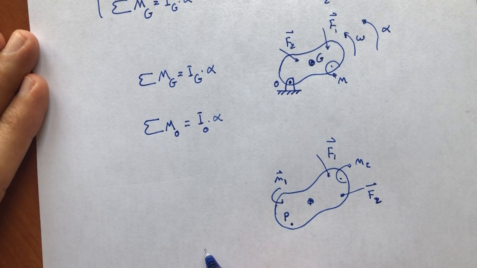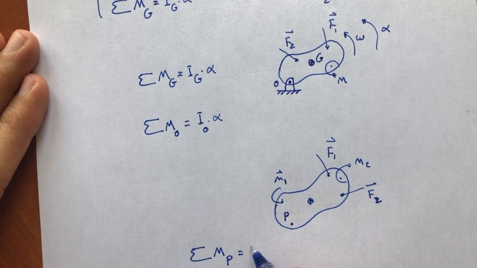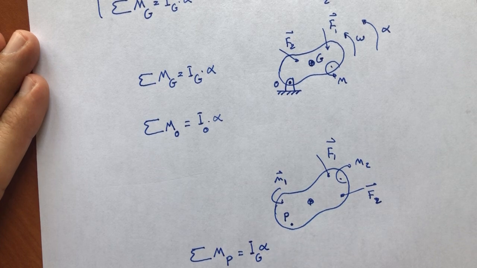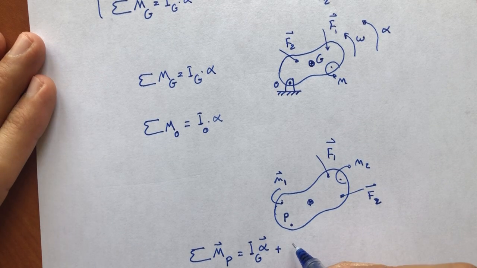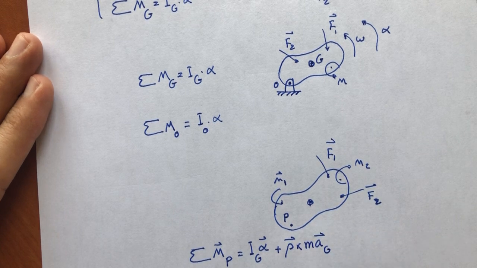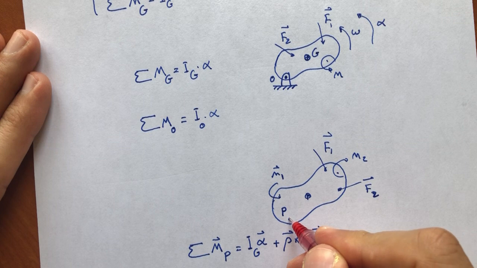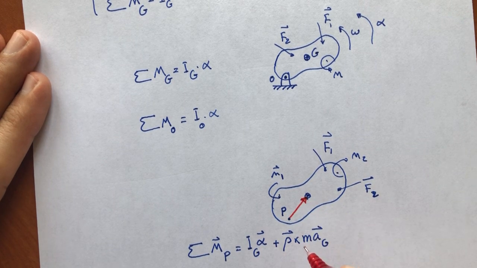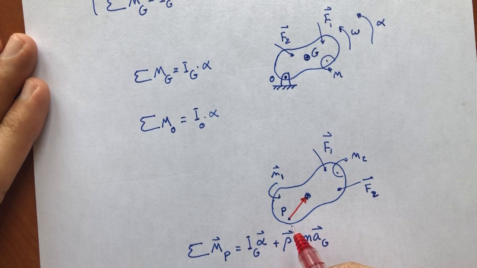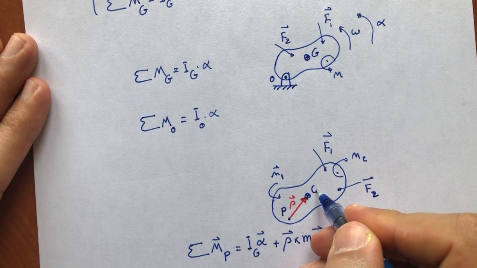If you want to take the moment about arbitrary point P, then sum of the moments about point P is going to be equal to I around the centroid times alpha plus rho cross MA. What is this rho? Rho is the vector which goes from point P to the centroid. This is point G, the centroid.